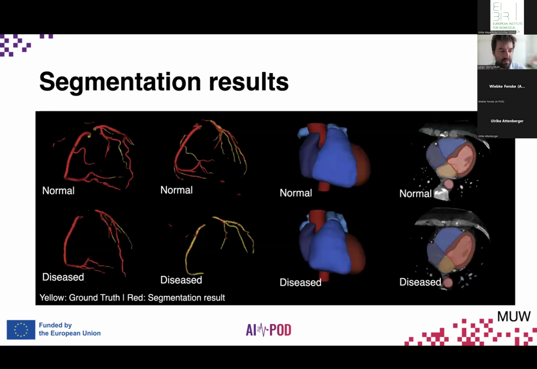The segmentation work of the coronary arteries and the heart anatomy is also progressing, I think, quite nicely. And I think we are in a good state, now that the prospective data is coming in, but also that the large volume retrospective data is coming in, to produce initial quantitative profiles.